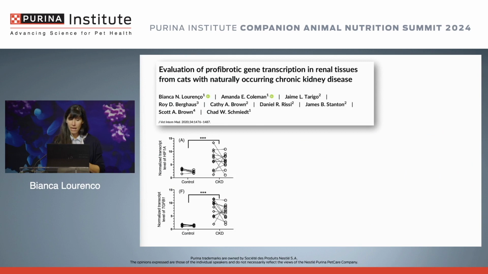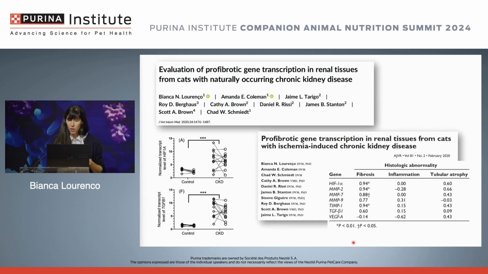Our group did look at transcription of HIF1 alpha, as well as several other mediators of fibrosis in cats with naturally occurring disease. These were the same tissues that we did our RAS study on. And what we found was that there was a significant increase in the expression or transcription of HIF1 alpha in CKD kidneys, as well as transcription of transforming growth factor beta in CKD kidneys relative to controls.